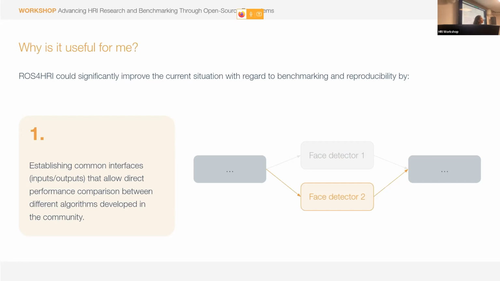As long as the inputs and outputs of those models are standard, whether I'm using this one or that one, the rest of the system should work the same way. That already gives me tools to test and evaluate system performance when I'm developing approaches for one thing or the other.